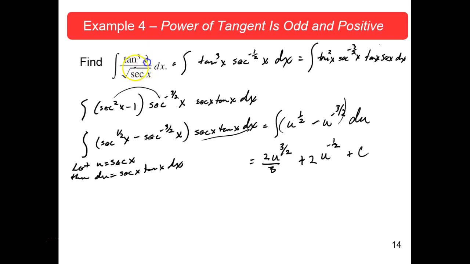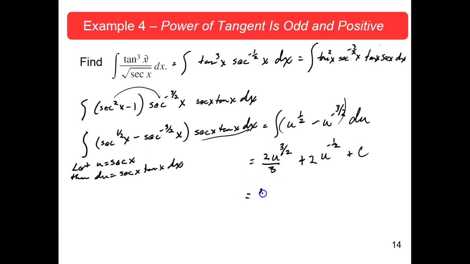You started out in x, you need to wind up in x. So what will this be? If u is equal to secant x, guess what x is? Now that's the problem. We haven't really talked about inverse secants, have we? Oh, we don't need that. We just need to plug this in. If u is secant x, just plug it in.